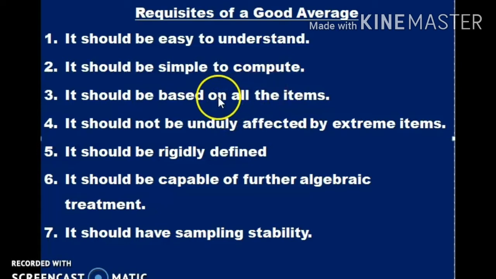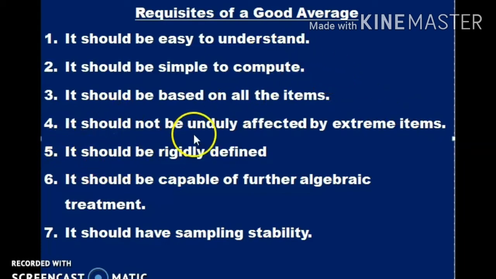That is what is meant by being based on all items. Next, it should not be unduly affected by extreme items. Certain extreme items cannot be calculated properly, so those should be avoided.